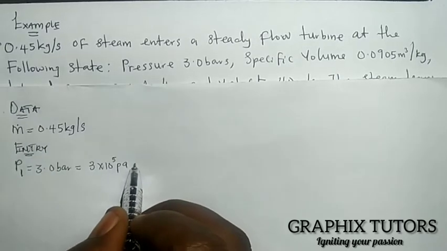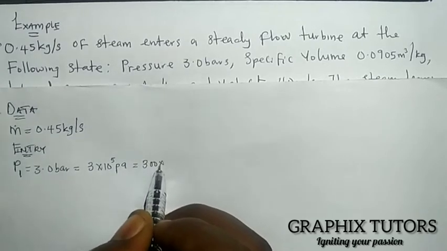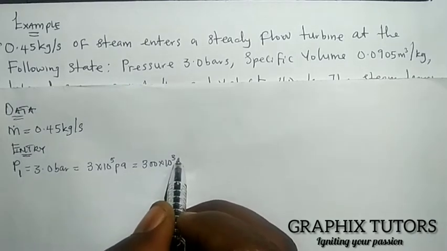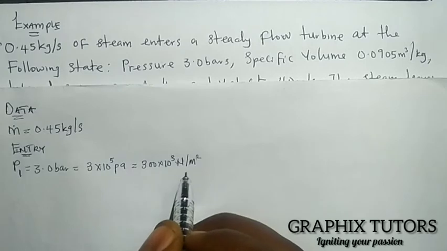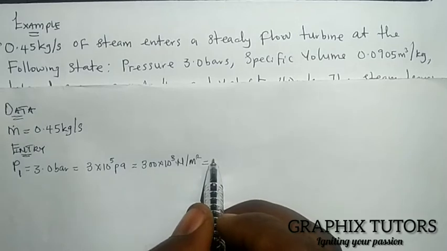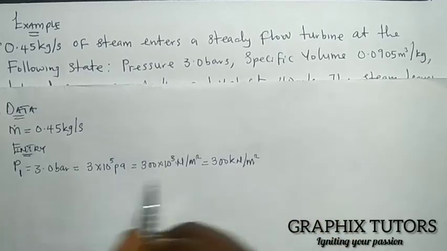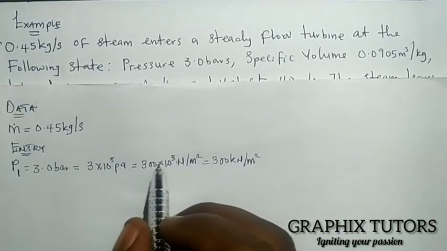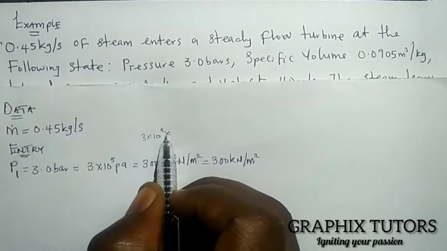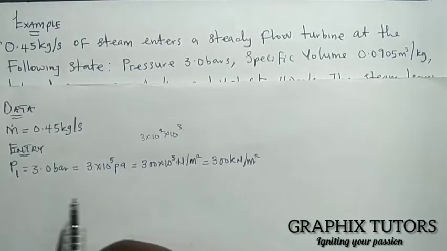If you convert it, I can write it as 300 times 10 raised to power 3 Pascal, and Pascal is Newton per meter square. So 10 raised to power 3 is kilo, so I have 300 kilonewton per meter square. I can still write this 300 as 3 times 10 raised to power 2, times 10 raised to power 3, because 2 plus 3 is 5.